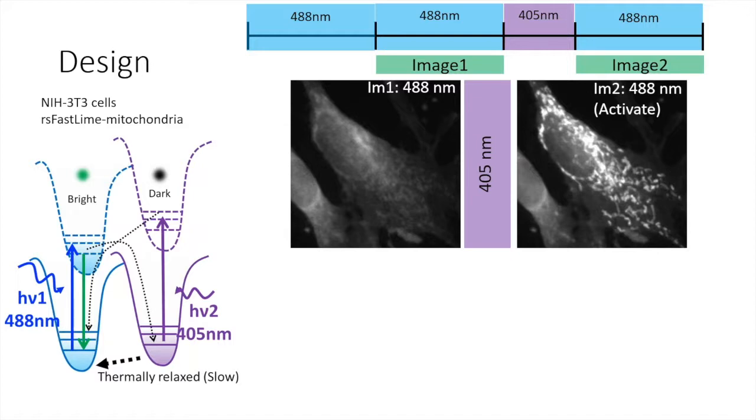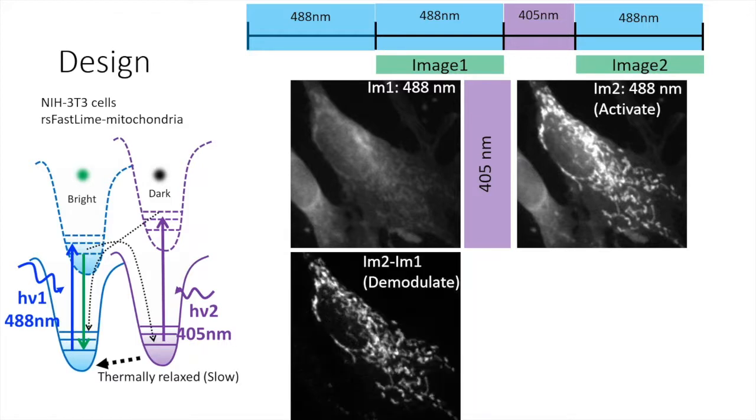So we can do the calculation from these two images, just simply doing subtraction. And since the background is not photoactivated by the 405, we can just simply remove the background by subtraction.